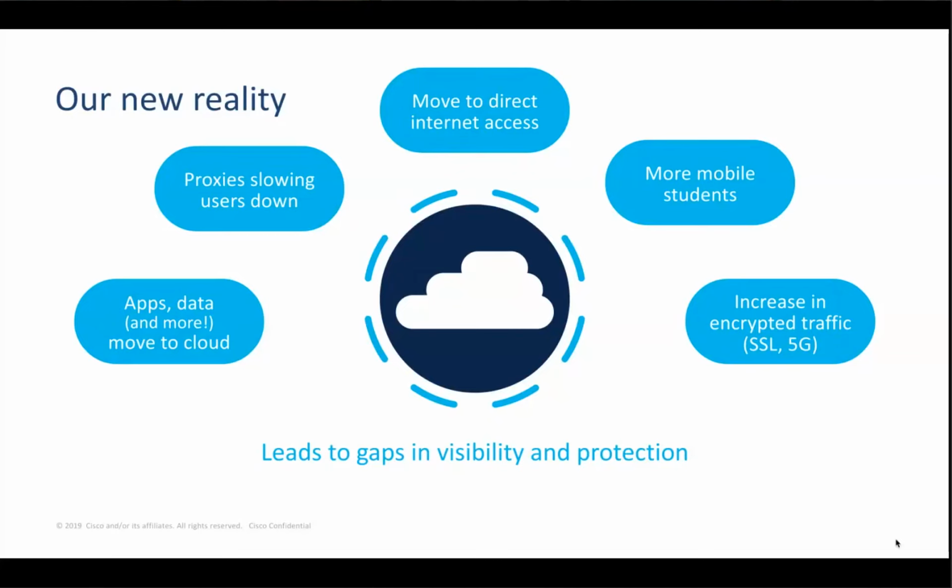About 60% of all web traffic now is going HTTPS, and a lot of K-12s that we talk to have done a great job handling HTTP traffic with traditional proxies, but managing the HTTPS side, whether it's trying to handle certificates and taking that man-in-the-middle approach to handle HTTPS traffic, has been a big challenge. We're going to talk a little bit about how we address that today using DNS.